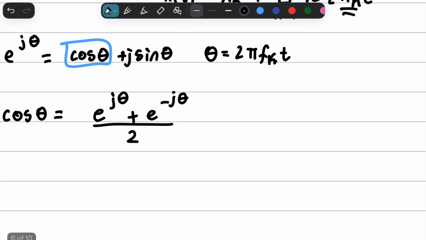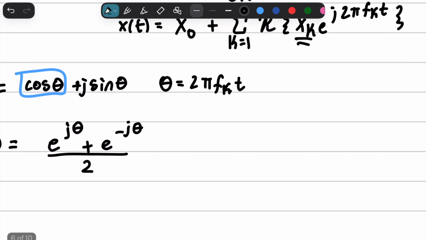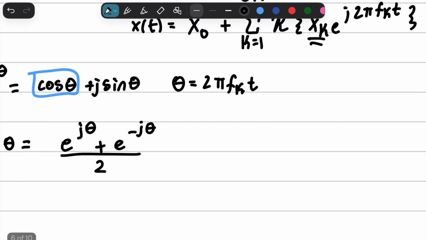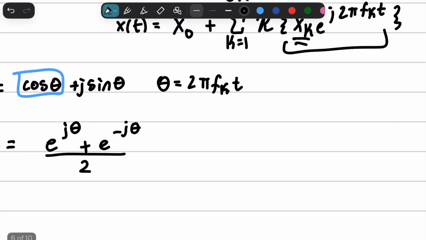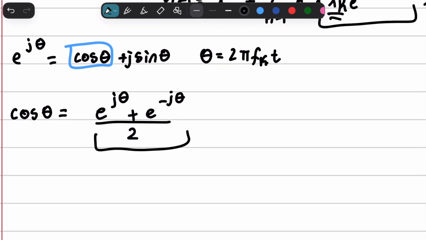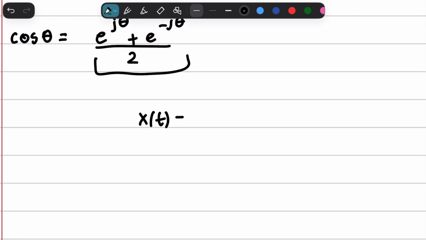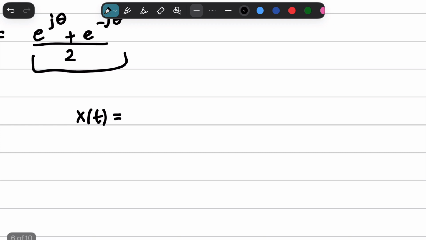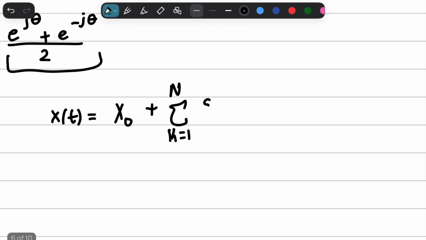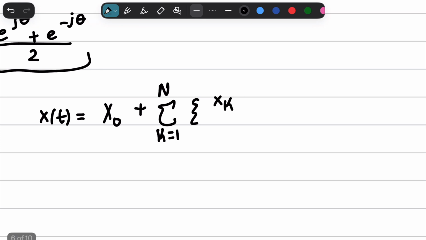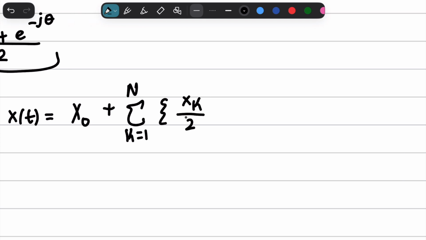Now, we want to go ahead and replace this portion right here with this right here. So we can write the same equation, x of t is actually equal to X naught plus the sum from k equals 1 of X k over 2. Okay, this is important.